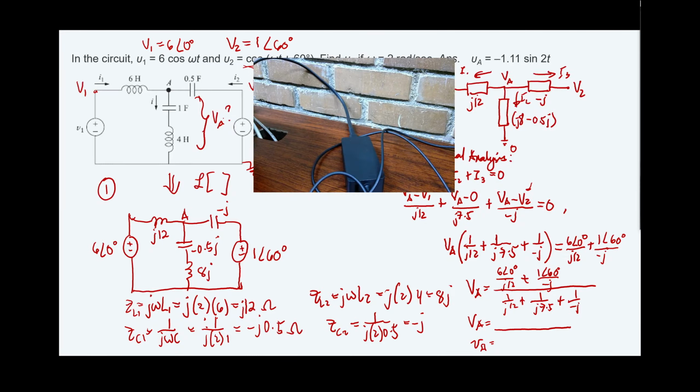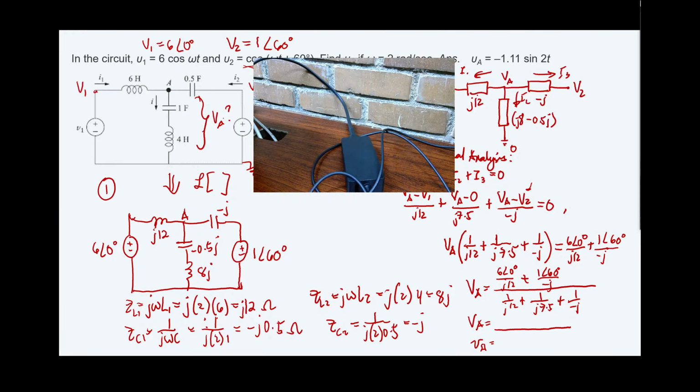Okay, just a moment. j8, j12, negative j, 12j, 7.5j, negative j, 0, 2t, 6 angle 0.